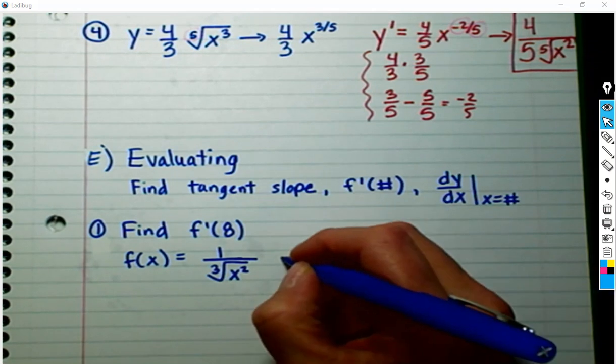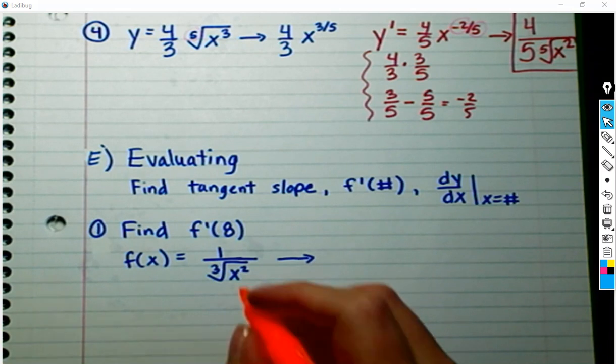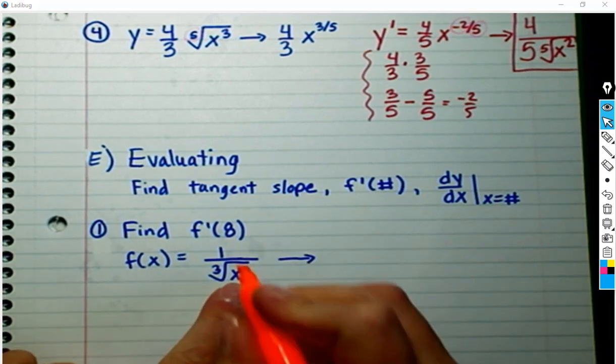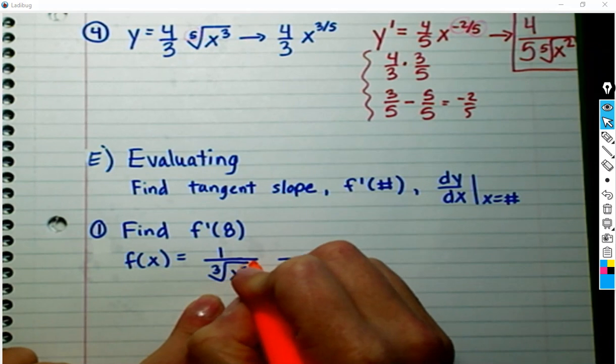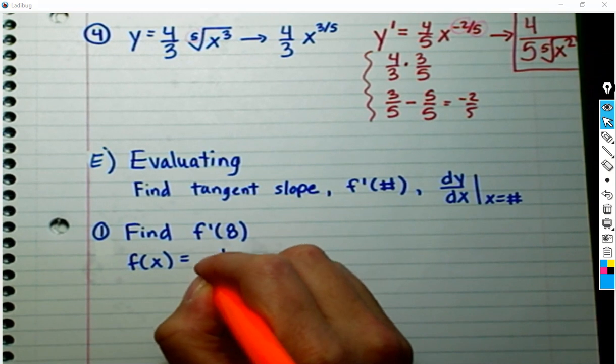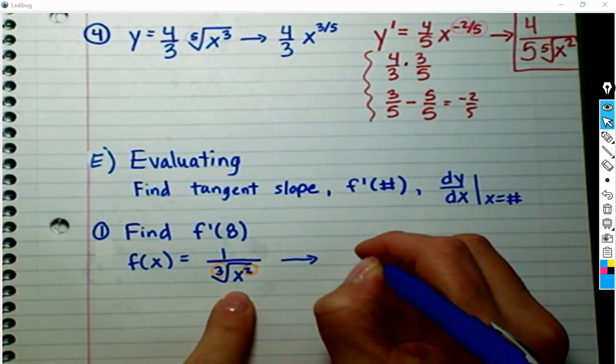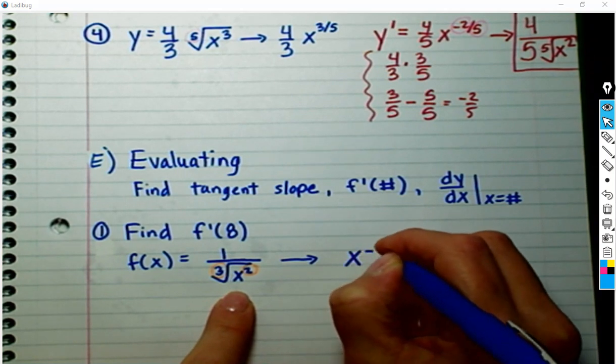So the first thing I'm going to do is I'm going to rewrite it into power format. So notice that the x is in the denominator. So that 2 has to change. And that 3 has to move. Okay, if you have to change locations, bottom to top or top to bottom, the exponent becomes negative.